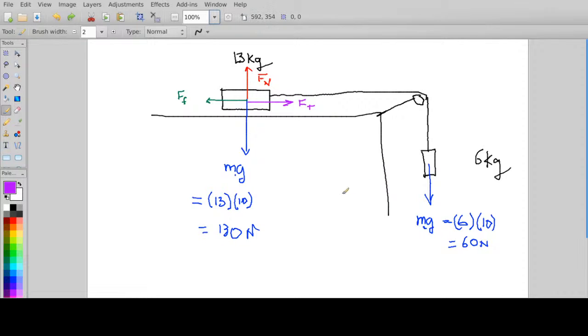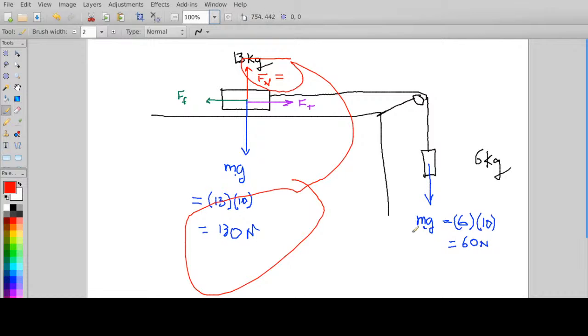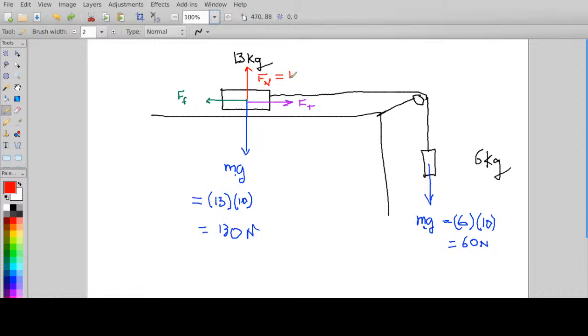And so you say, okay, well, can I get Fn? And you say, well, is the box levitating off the table? Is it lifting off the table? Nope. Is it digging into the table? Nope. So this force must cancel that one. Well, that means that this must equal 130 newtons. And I just realized that if you can't see what that is, that's supposed to be an N, and I apologize.